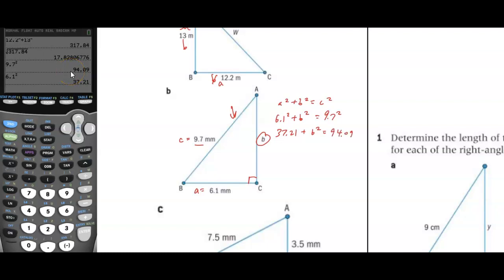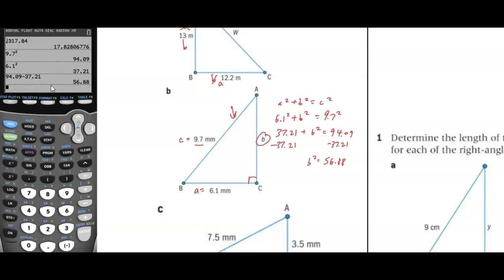Do a little bit of algebra. We're going to subtract 37.21 from both sides. Get b squared equals 94.09 minus 37.21, which is 56.88.